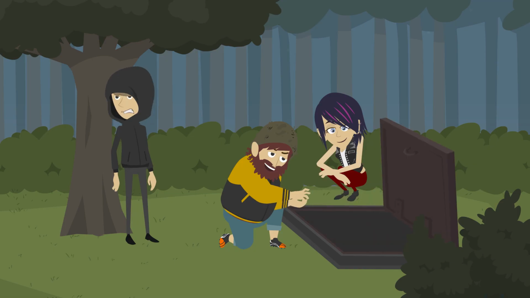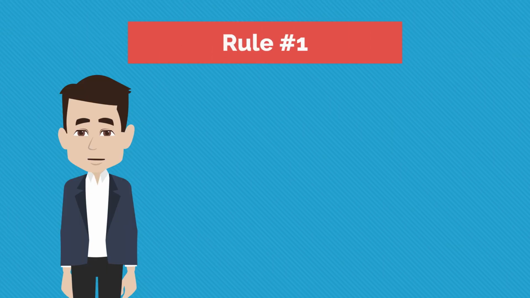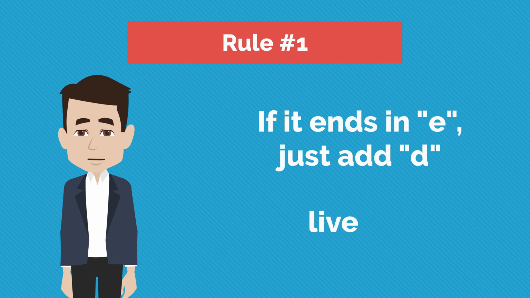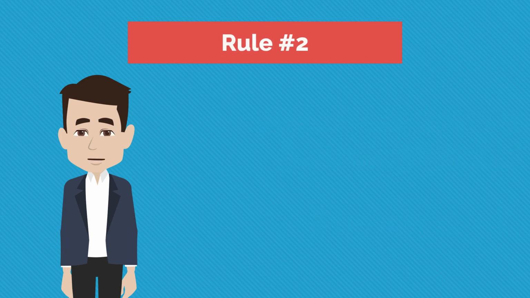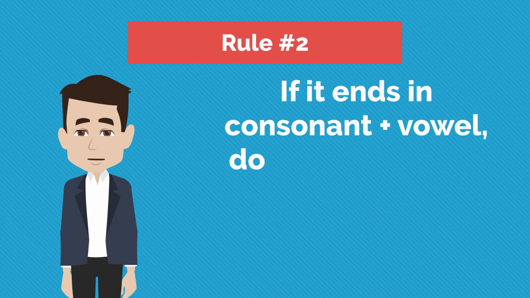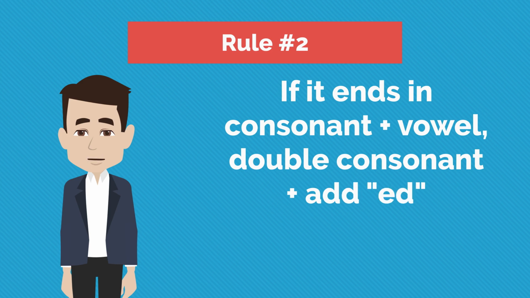However, there are a few exceptions to this rule when spelling. Rule number 1. If the verb ends in E, just add the letter D. For example, live becomes lived. Rule number 2. If the short verb ends in a consonant plus vowel, double the consonant and add ed.